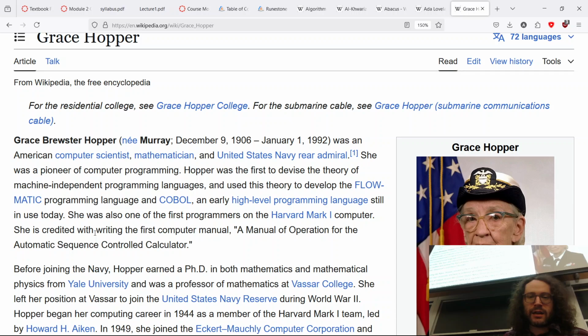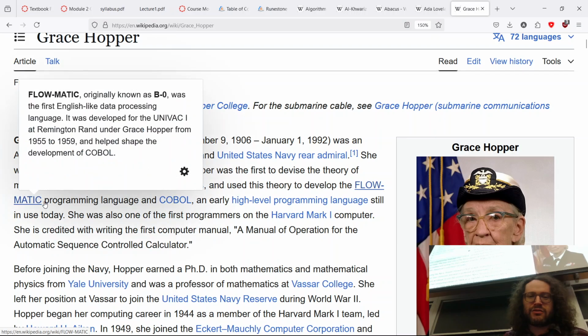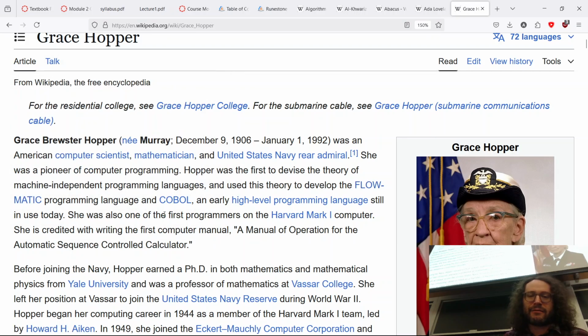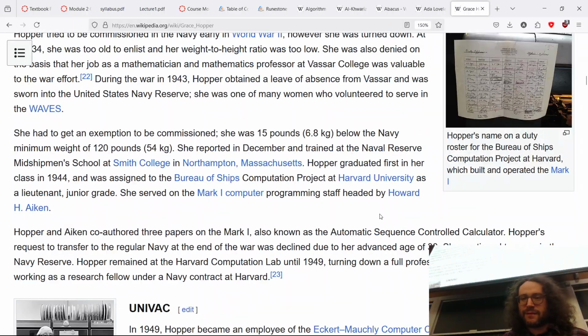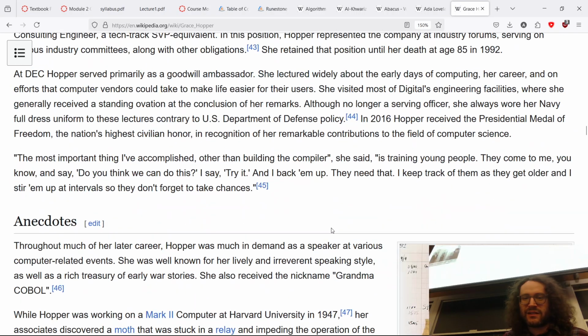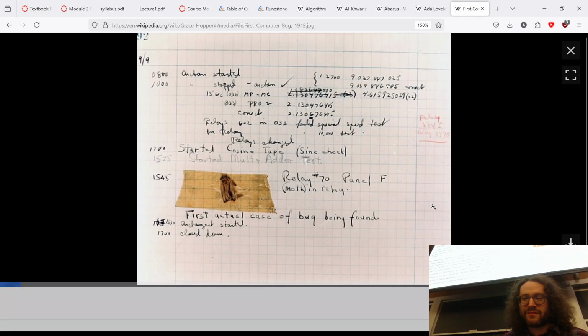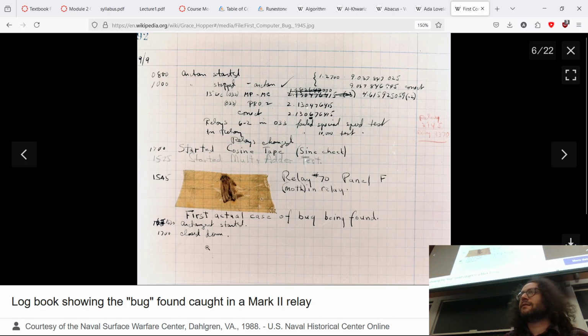She worked on a number of computers, but she specifically used theory to develop different programming languages. She is also credited with finding what's considered to be the first computer bug. That's not a pun. That's actually what it was. The first computer bug was literally a bug in the computer.